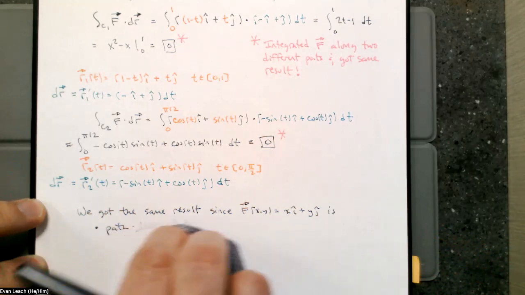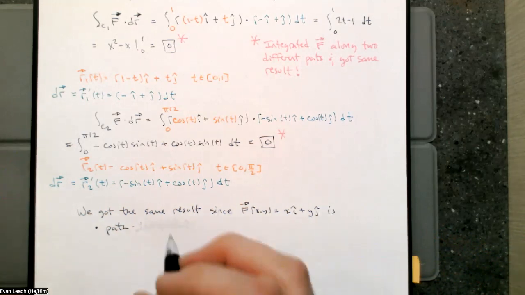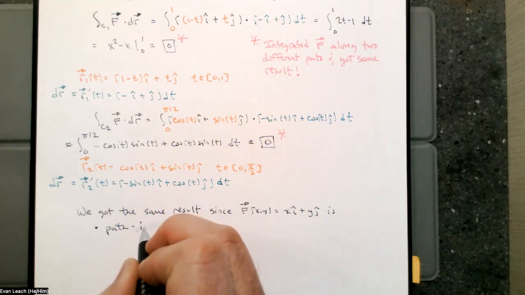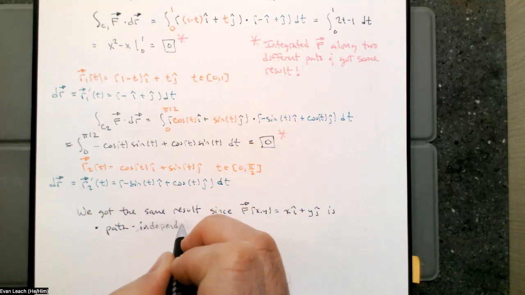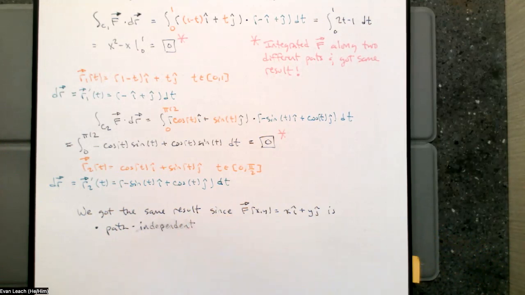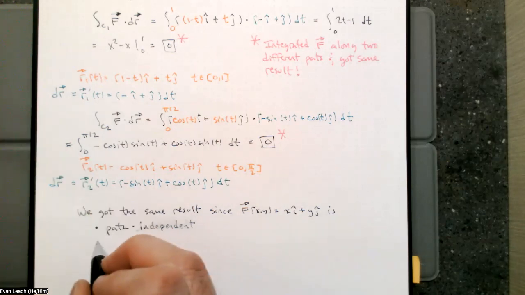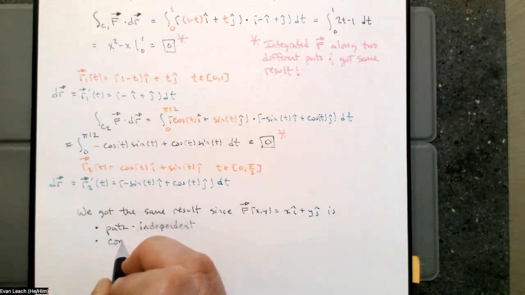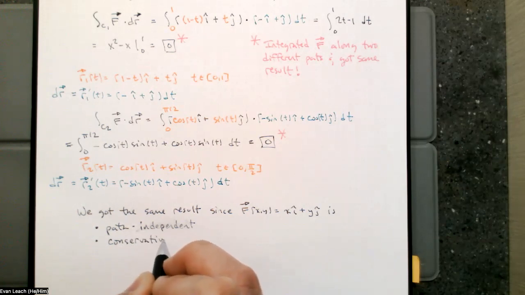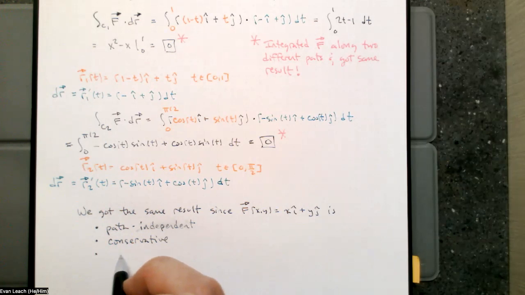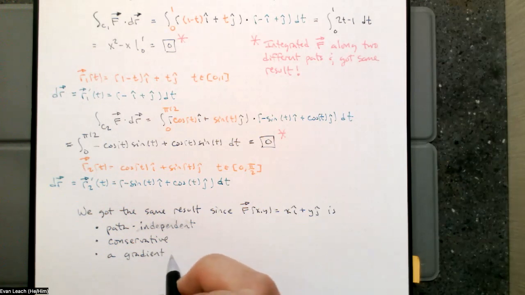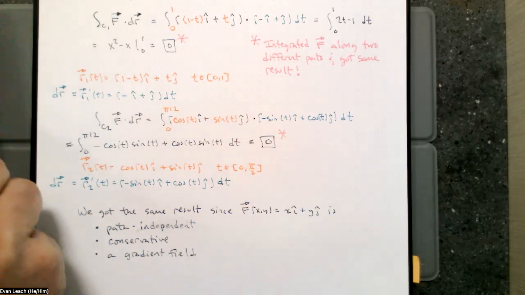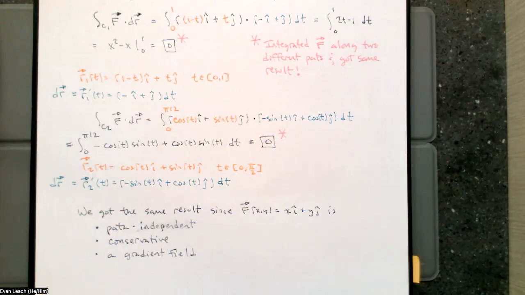So when we calculate a line integral of a vector field along two different paths, and the vector field is path independent, all that matters is the endpoints. The other word for path independent is conservative. And this is because this vector field is a gradient field.